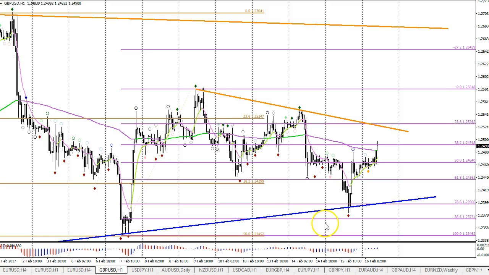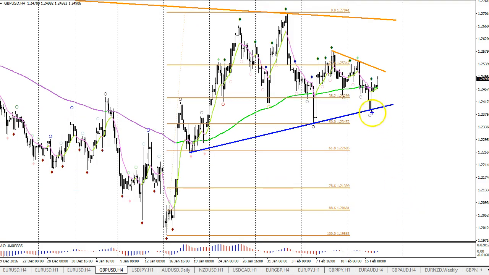So let's see. Of course, if price on the 4-hour does break through the blue support line, at this moment I think that there could be a range trade back to blue or a breakout trade above orange up to the next resistance. But if it doesn't bounce at blue but breaks, there could be a move down to the 61.8 fib.